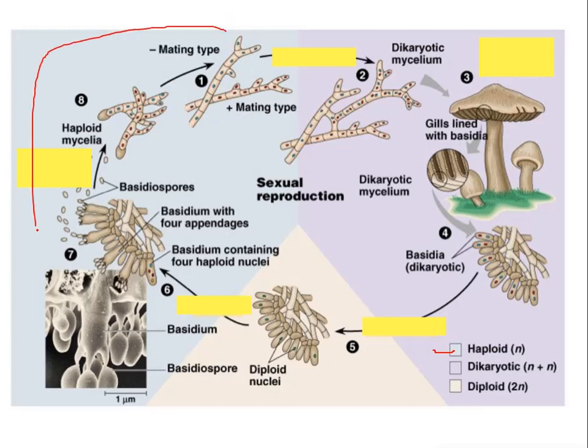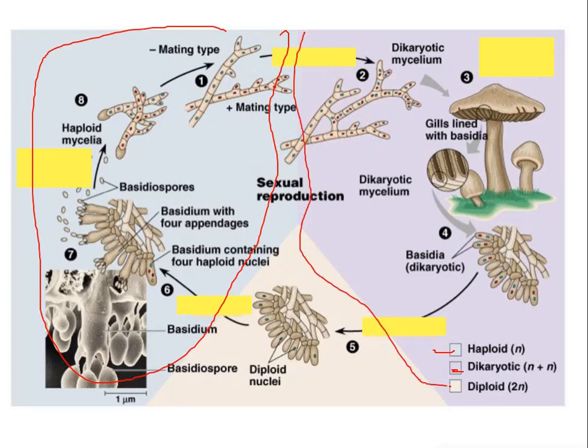So this area, and this is the dikaryotic stage, the purple color over here. If you compare the purple region between the three phyla, Basidiomycota has the longest dikaryotic stage. So that is a special characteristic of Basidiomycota, where they have long-lived dikaryotic mycelium.